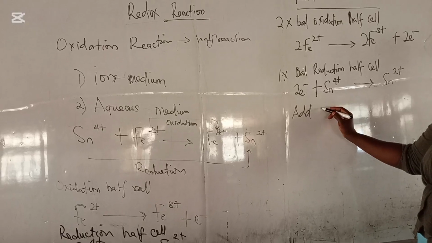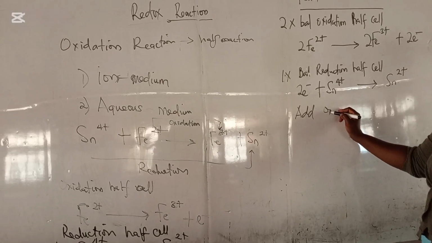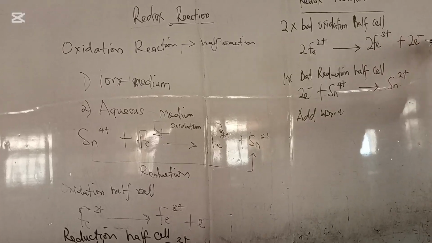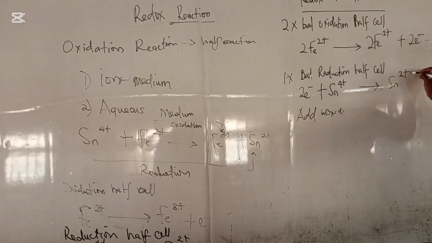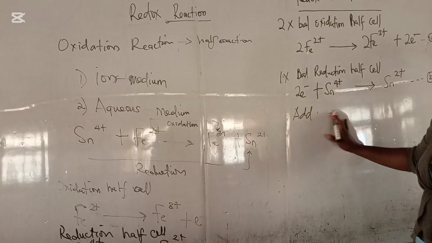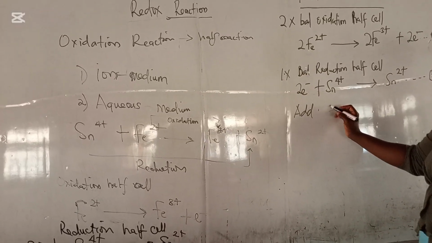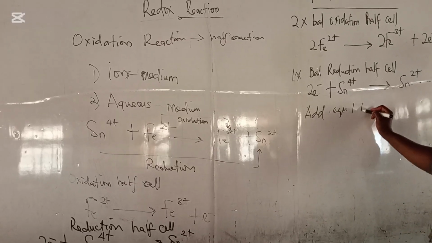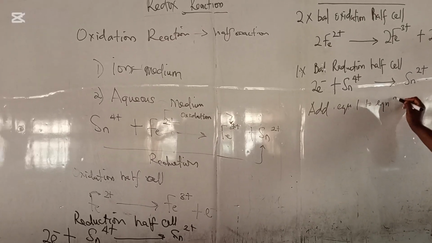So then add the 2 together. Add the balanced oxidation and reduction together. That is, let's say this is equation 1 and this will be equation 2. So let's put it so that it will be more understandable. Add equation 1 to equation 2.